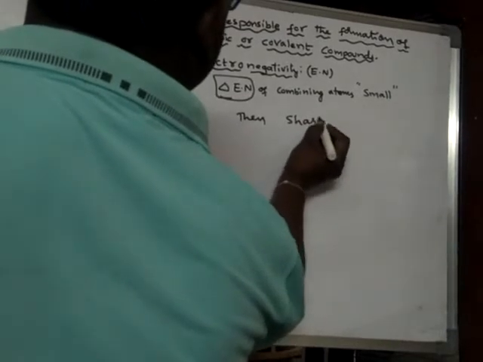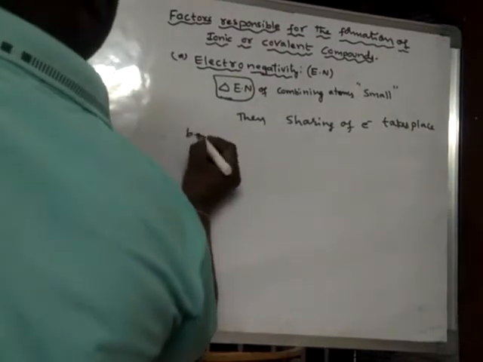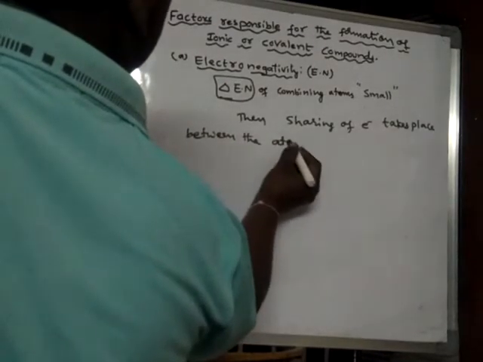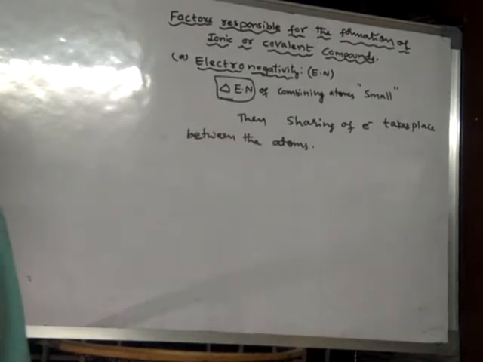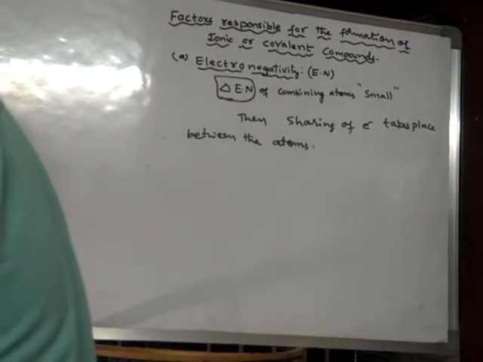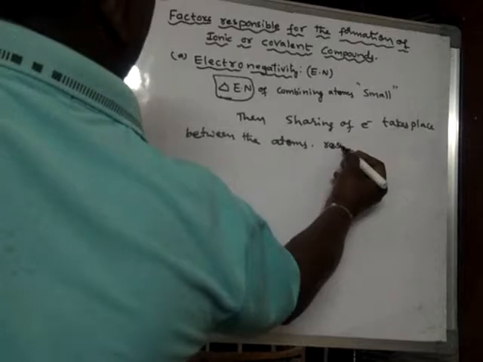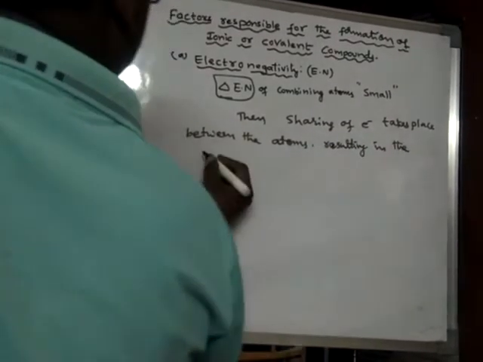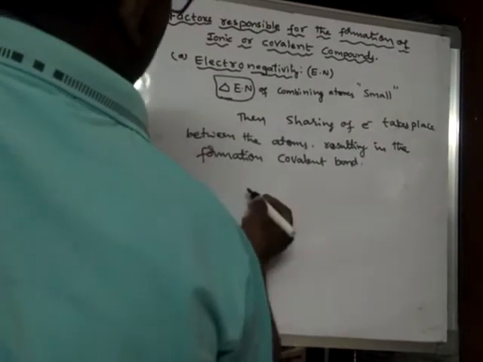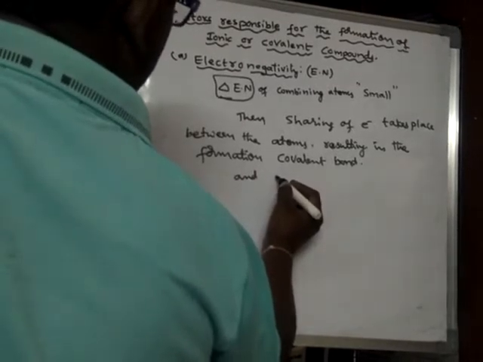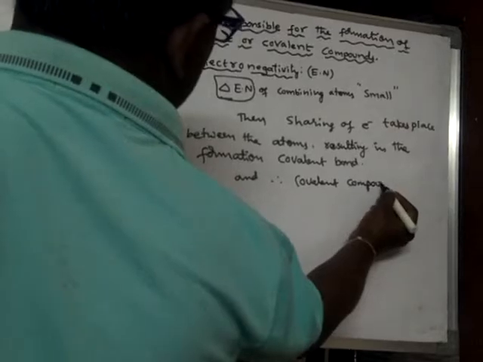Then sharing of electrons takes place between the atoms, resulting in the formation of a covalent bond, and therefore a covalent compound is formed.